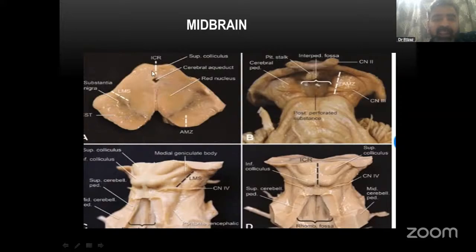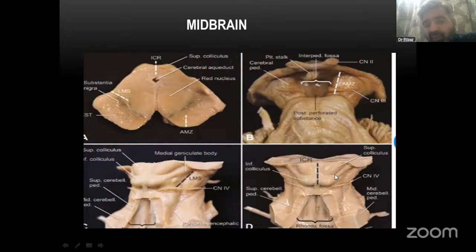This is again the area at the level of the cerebral aqueduct and the midline. You can see this is the anterior medial zone, the same as the transverse section shown here. Posteriorly we have a lot of approaches. This is the superior colliculus, this is the inferior colliculus.